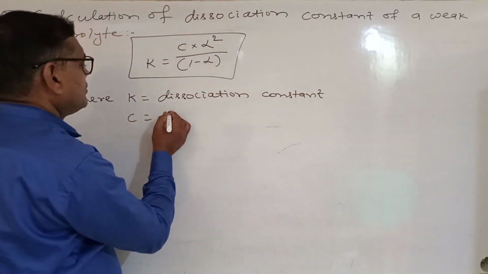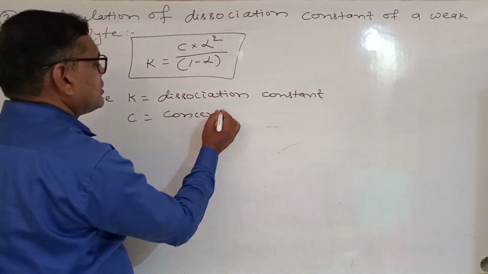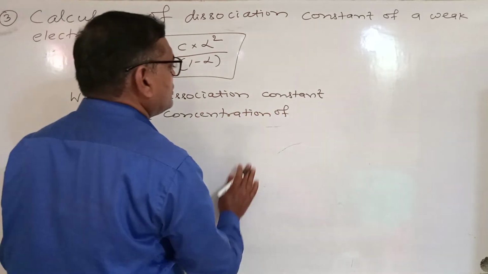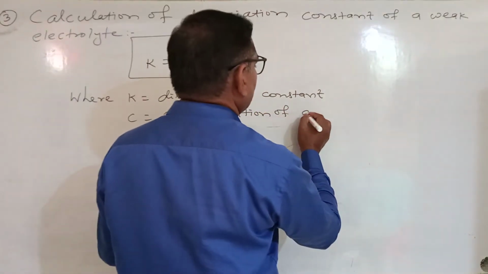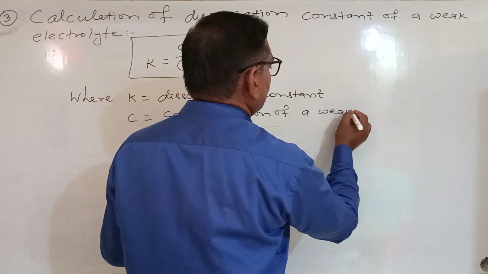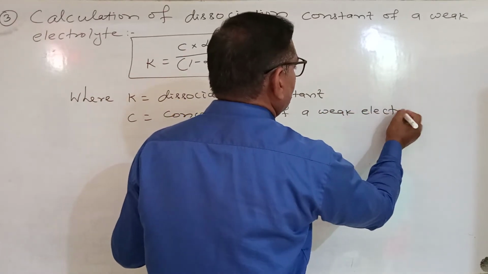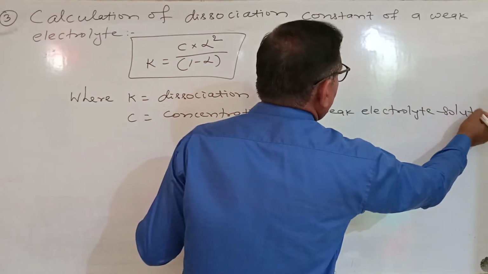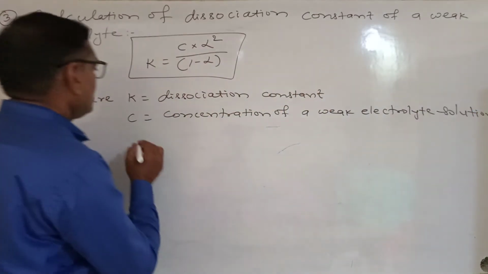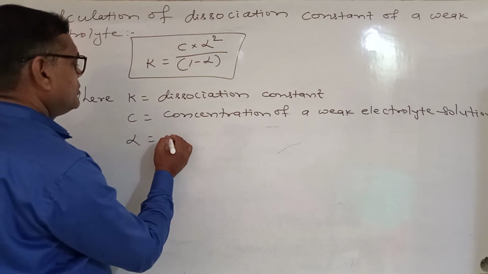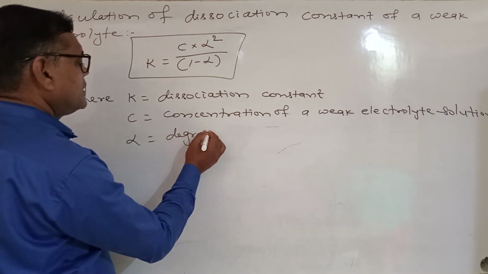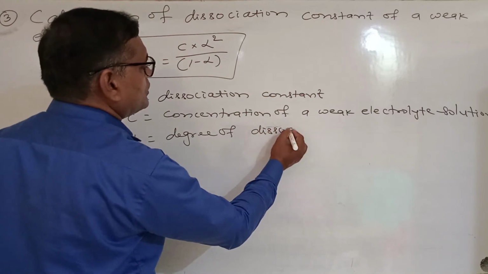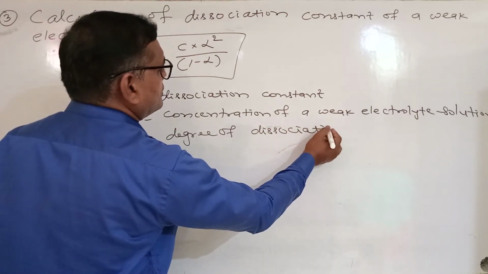C is equal to concentration of a weak electrolyte solution. Alpha is equal to degree of dissociation.